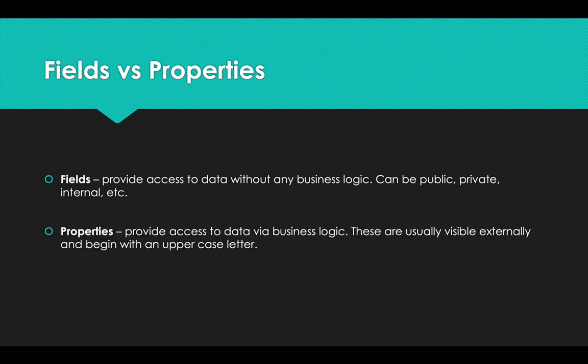So properties provide access to a field, often a private backing field, but they also run business logic that effectively implements some sort of data integrity requirements prior to setting or receiving the value in the private backing field.